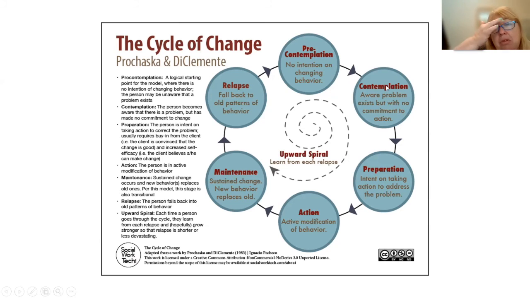So the next step is contemplation, when they suddenly, or through information or through somebody else's change, become aware that it could be a problem, or not the best, but they don't necessarily have a massive commitment to do anything.